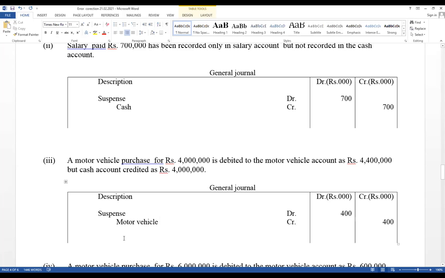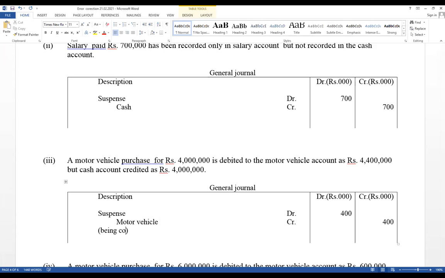The narration also should be written. Motor vehicle purchase of 4,000 has been debited to the motor vehicle account as 4,400. Being correction, the narration should be written. A separate mark is available for that.